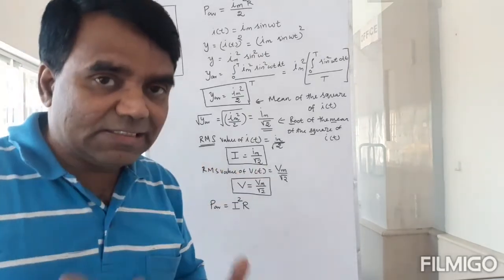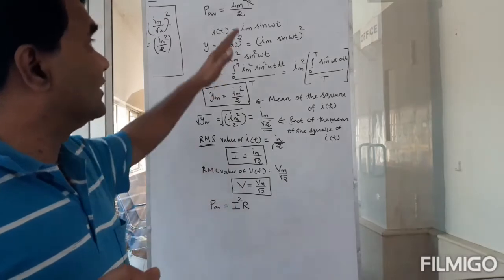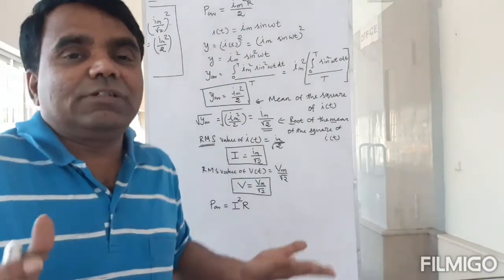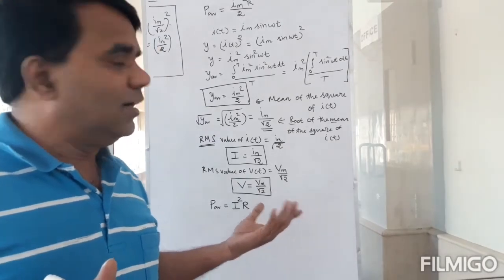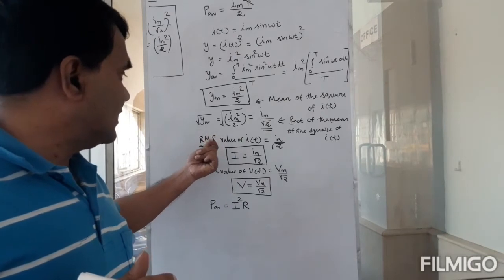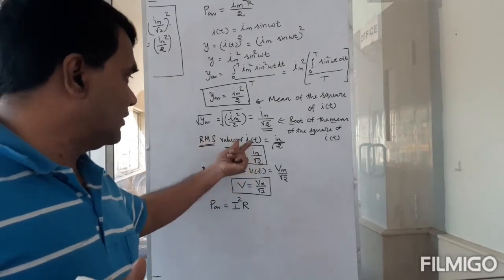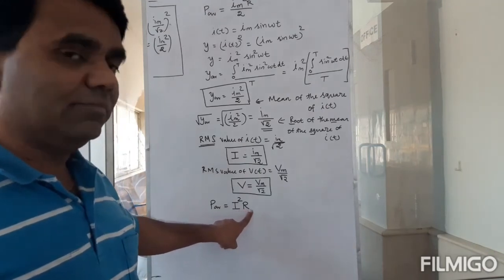But in the case of AC, which I will you take? Will you take the mean I? No, you can't, because it will be 0. You can't take mean I. You have to take the RMS value of I. So if you take the RMS value of I, this is I squared R.